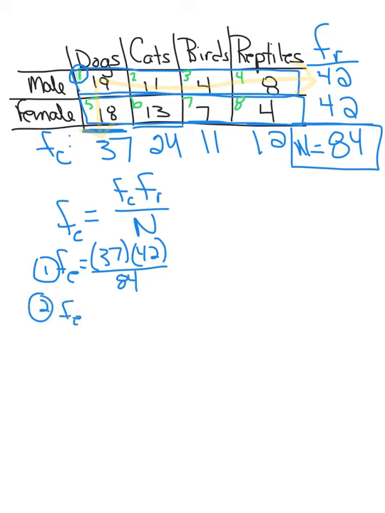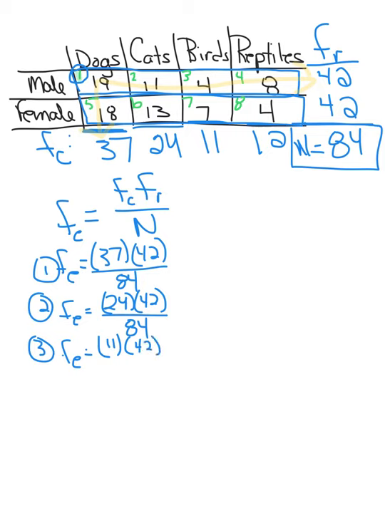The expected for cell 2 is 24 times 42 divided by 84. Then cell 3, expected frequency is 11 times 42 divided by 84.